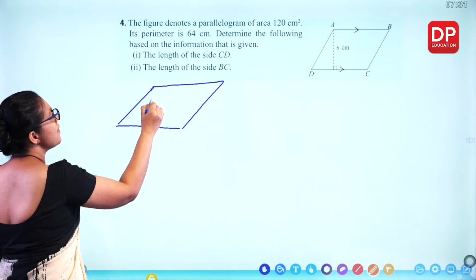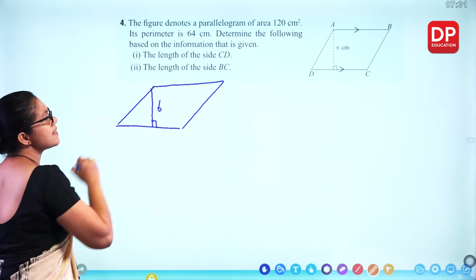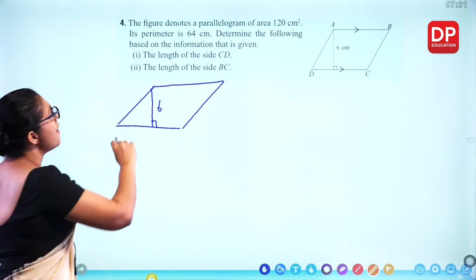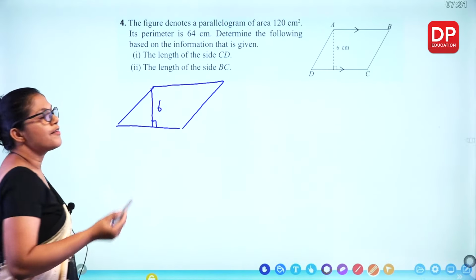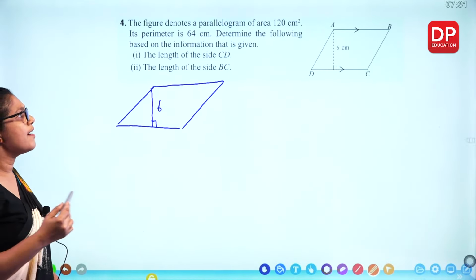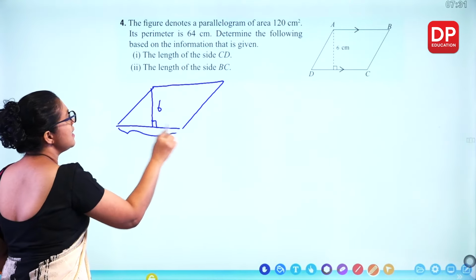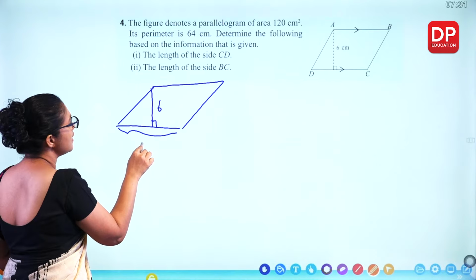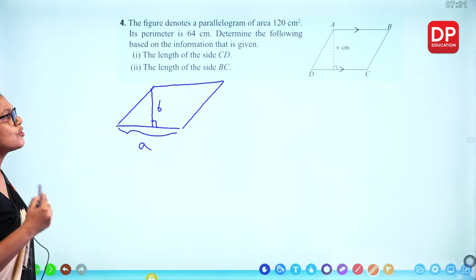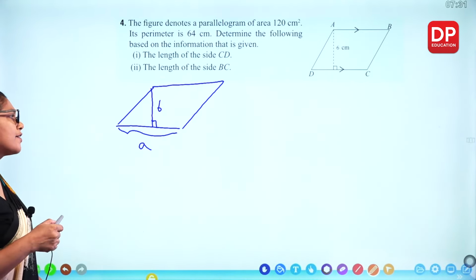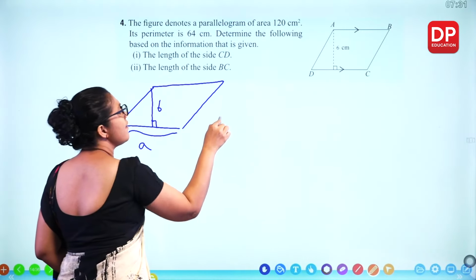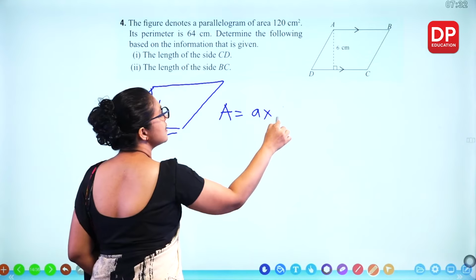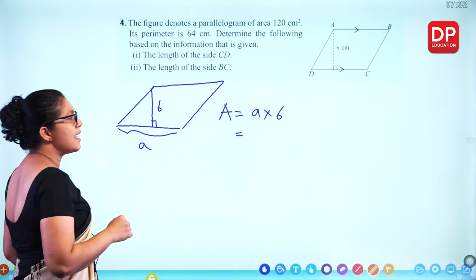Okay, so you have given the perpendicular height. That's 6. So here the area of this is 120. So if this is area 120 and we'll put this side as A. So how can you find out the area of a parallelogram? We know area of the parallelogram is A times 6. That's the height and the base length.